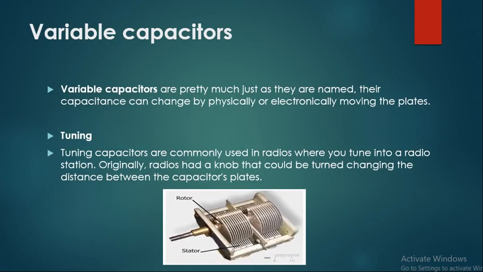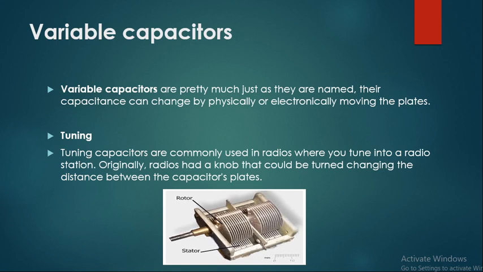Now the next category is variable capacitors. Variable capacitors are pretty much just as they are named. Their capacitance can change by physically or electronically moving the plate. This is the advantage, that this is how we can change the capacitance. In variable capacitors, the first category is tuning capacitors.